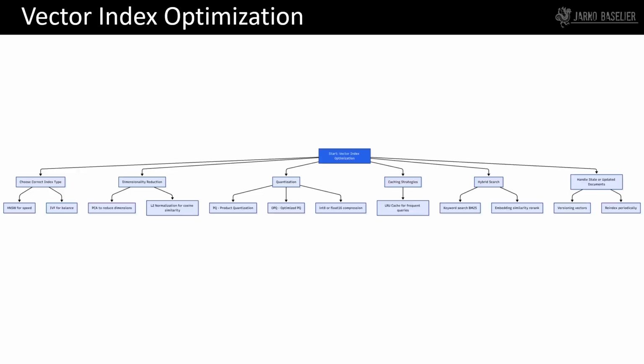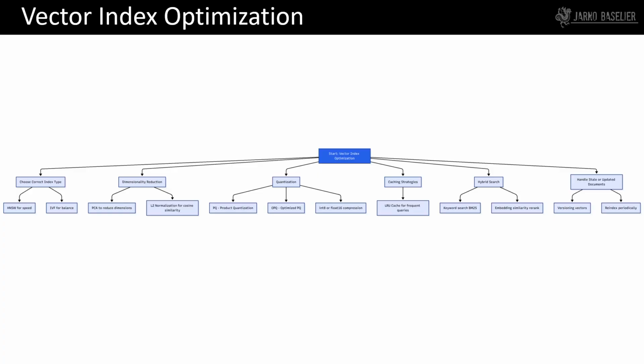And here another graph. The start is vector index optimization. So we have to choose the correct index type, HNSW or IVF. We have to think about dimensionality reduction: PCA to reduce dimensions, and L2 normalization for cosine similarity. We also have to think about quantization: PQ, OPQ, or int8 or float16 compression.